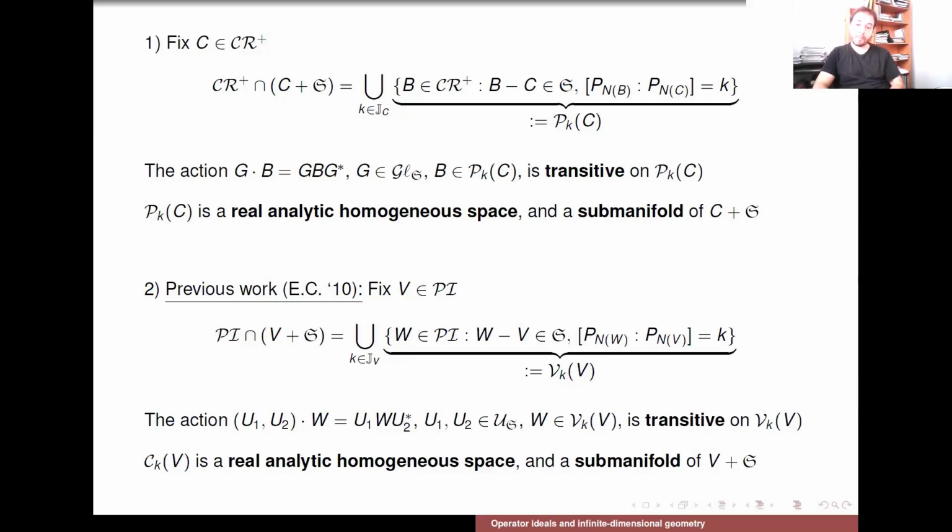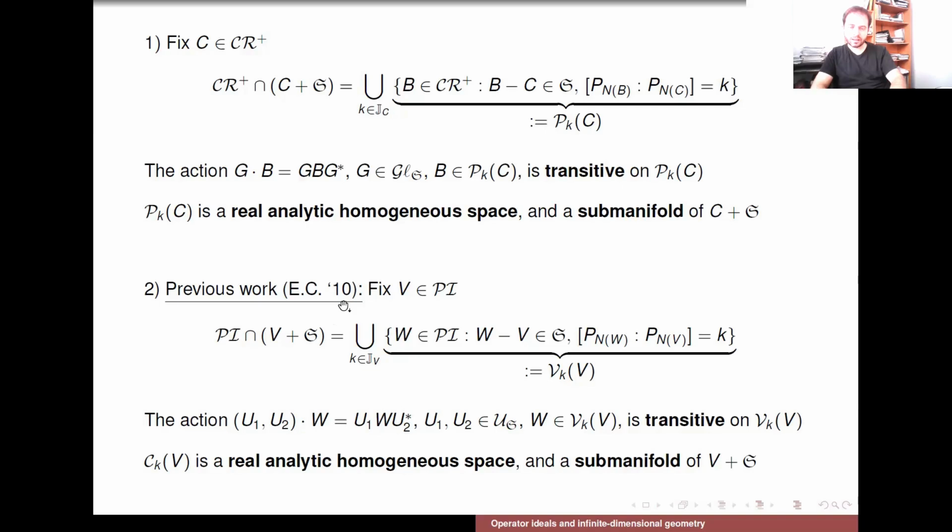And we can also, to understand the polar factor, fix a partial isometry V, and by a similar idea, give a decomposition of this set of perturbations of the partial isometry V. But now the action is as follows, moving the initial and the final space of the partial isometries by these restricted unitaries. Indeed, I worked on this problem a long time ago.